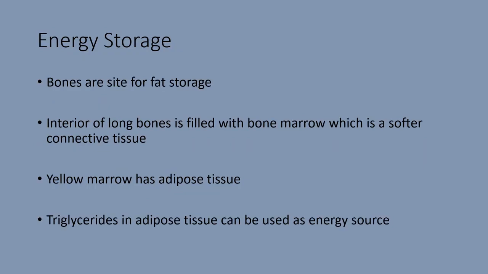In terms of energy storage, bones are a site for fat storage. Fat is a form of energy storage, if you will. Fat cells can be broken down to release energy for use, the lipids. So there is some fat that's stored. The interior of your long bones, like your femur and your humerus, is filled with bone marrow.